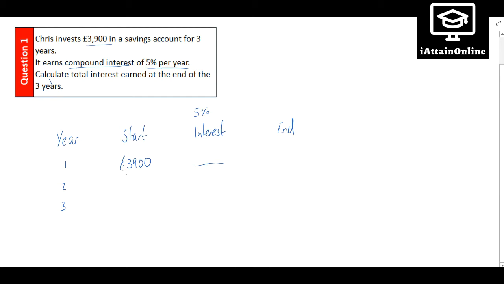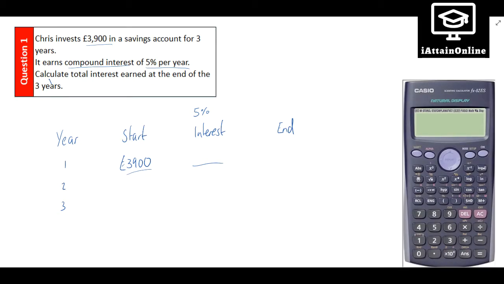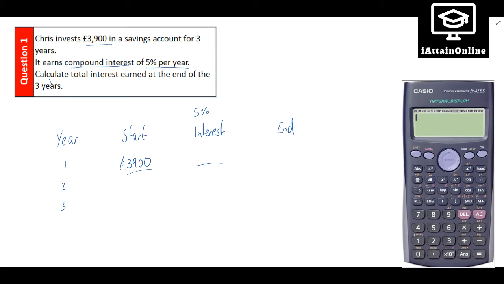So you can work out 5% of 3,900. If I use a calculator to do that, or 3,900 divided by 10 would get me 10%, divide that by 2 would get me 5%, so that would be £195.